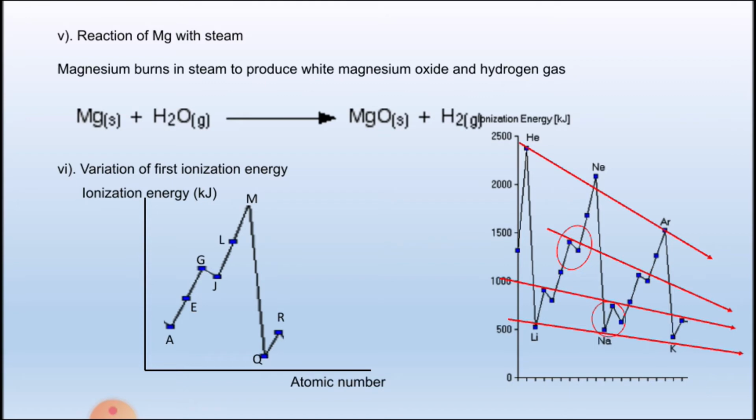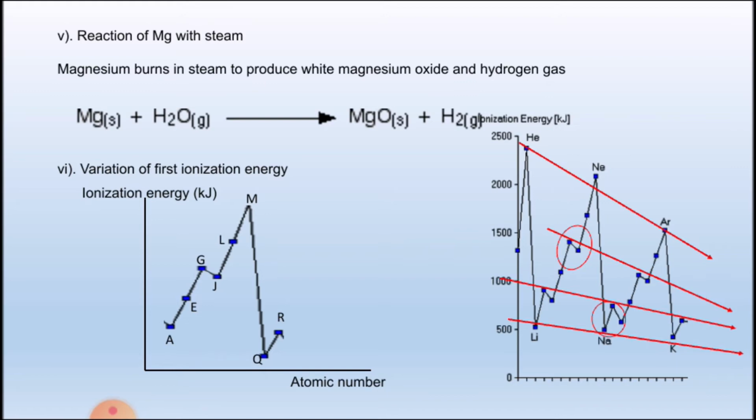If you keep this point in your mind, I have given the complete first ionization energy curve for the first 20 elements in the periodic table at the right hand corner of this slide.